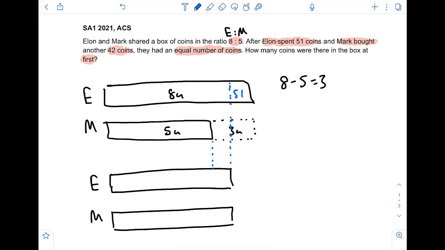Mark bought 42 coins. Okay, so if you do your model drawing, you can see that over here is 42, over here is 51. So 42 plus 51 will be this section right here.